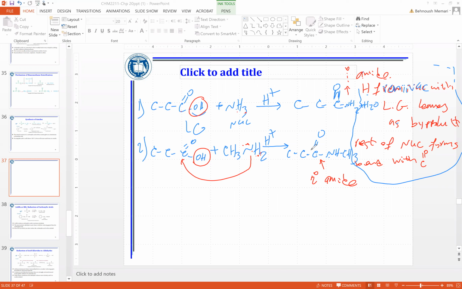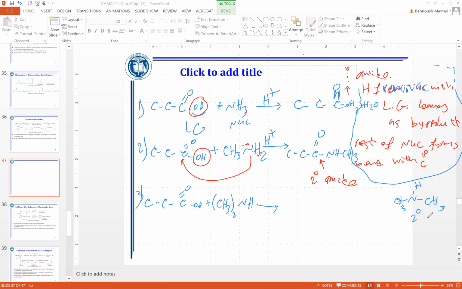And if we follow the same pattern, and you go to carboxylic acid with a secondary amine. What is a secondary amine? It is the amine that has two CN bonds. So it's going to be like (CH3)2NH, NH attached to two methyl groups.